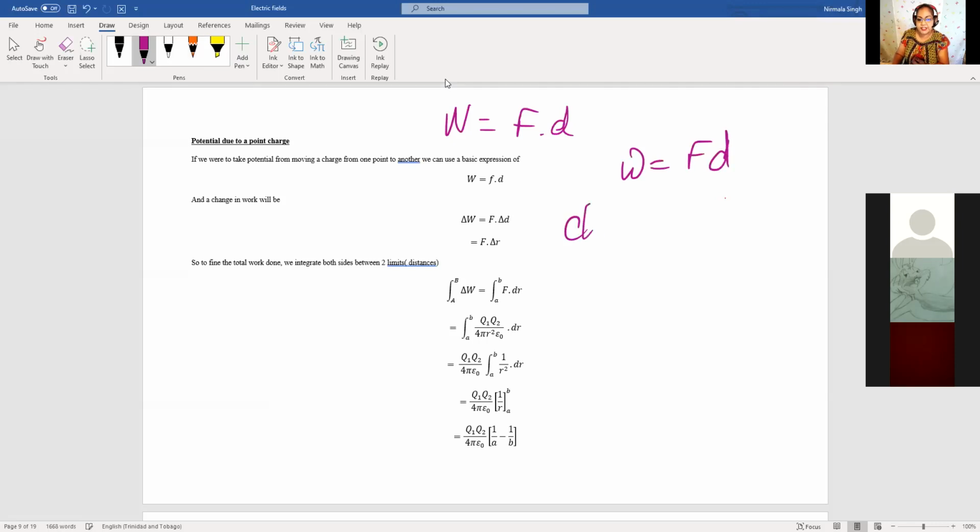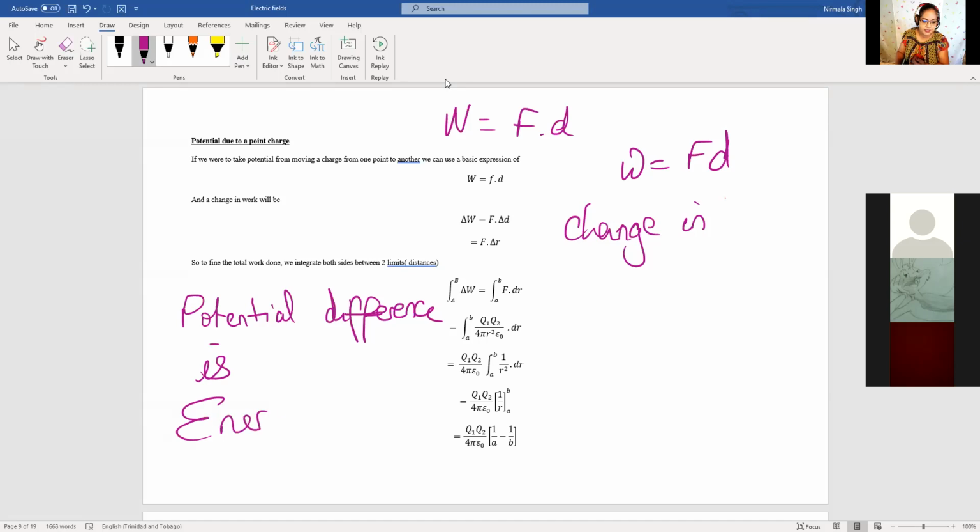To get my change in work, and remember change in work will be your potential difference, right? Potential difference is your energy change. Remember we did this a while ago. Current was a measure of electrons, potential difference was a measure of energy. So potential difference here tells us how much energy it takes to move one charge to another point.